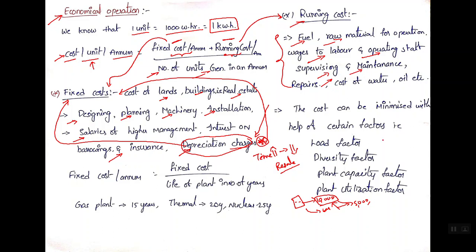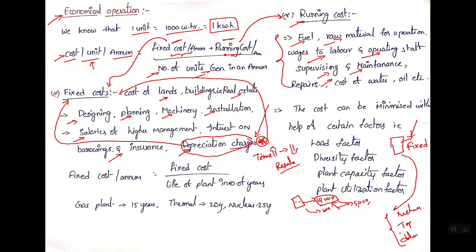Let us take the example of a mobile. Once we buy the mobile, that is a fixed cost. After that, operating cost is nothing but recharges, top ups or data packs, all of which come under running cost. Okay, in that way we can understand.